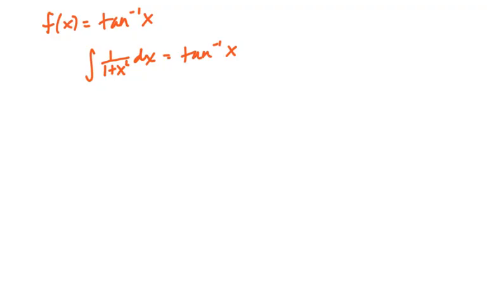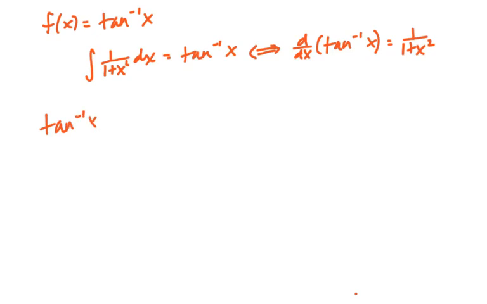So by that, this implies that if we take the derivative with respect to x of the inverse tangent of x, then we get 1 over 1 plus x squared. So let's say that inverse tangent of x equals the integration of 1 over 1 plus x squared dx.